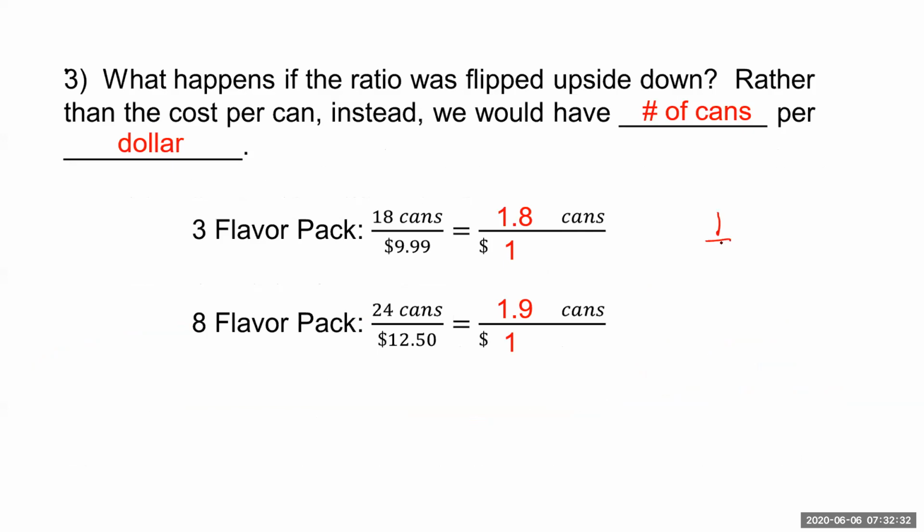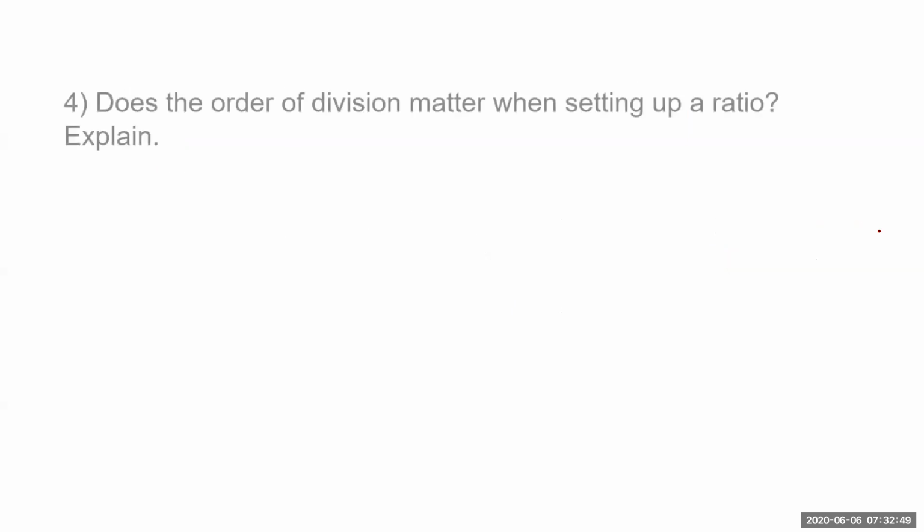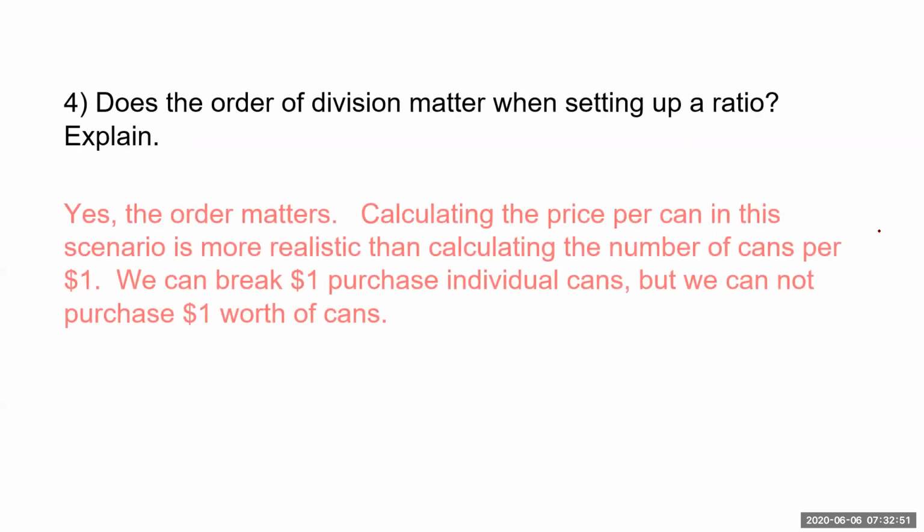If I have 1/2 and I flip this to 2/1, the results are different. 1/2 will give me 0.5 and 2/1 will give me 2. So the results are not the same. So the order of a ratio is very, very important. All right. So yes, the order really matters.